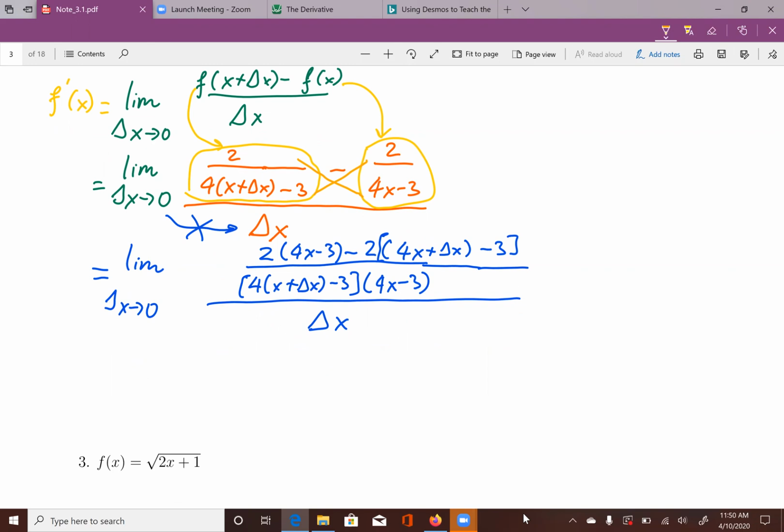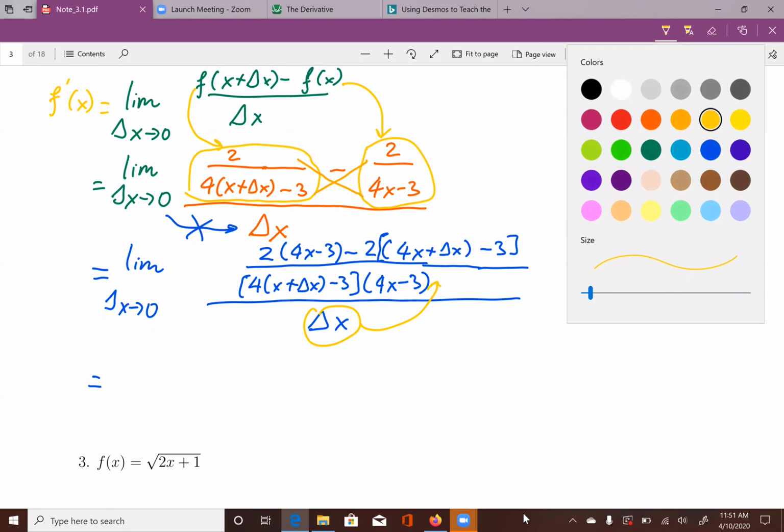All right. The next step is I want to combine. So you have one fraction in the top divided by delta x. I want to combine it. Equals, I will combine it by bringing this delta x up to this denominator.